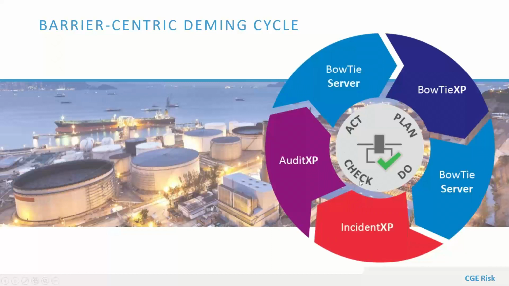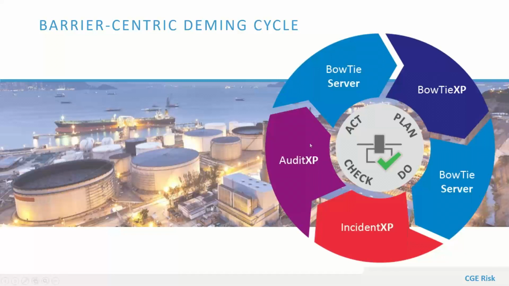In the checking or learning phase, within the portfolio of the software we offer, we allow you to either use AuditXP or IncidentXP. IncidentXP is usable when you are looking at incidents or things which are already happening. So if something bad happens, the best thing we can do is learn from it.